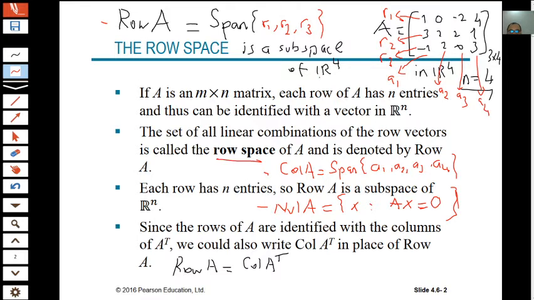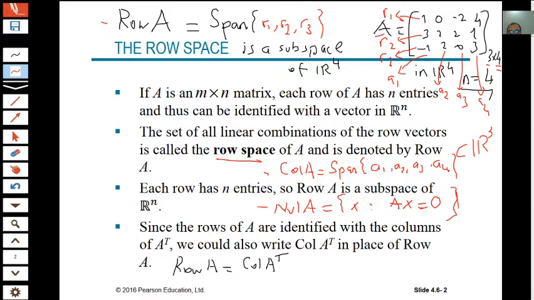Row space is a subspace of R to the n, namely we look at the number of columns. And the column space is a subspace of R to the 3, namely we look at the number of rows, because every column has 3 entries for this matrix.